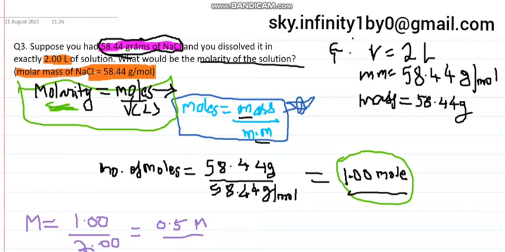Instead of molar, it can also be written as 0.5 moles per liter. This unit can also be used. Since the unit for number of moles is mole and the unit for volume is liters, we can also use this along with molar as its unit.